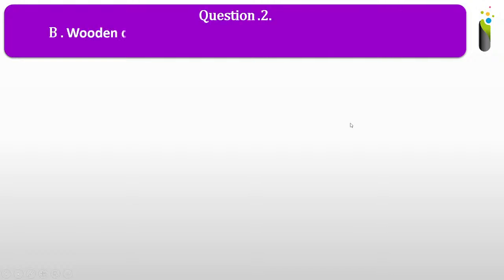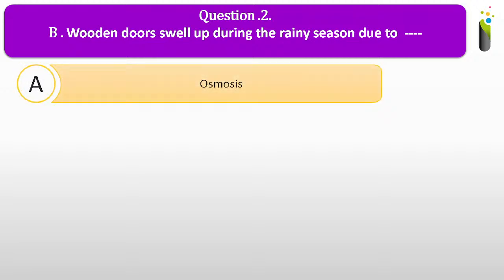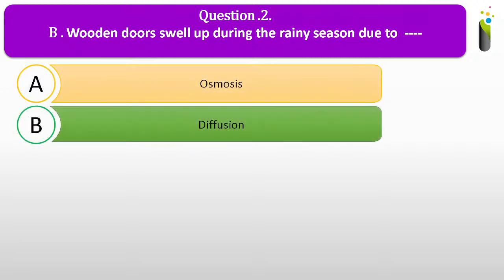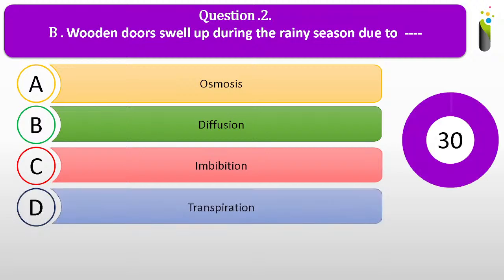Going to the next question, number 2b. Wooden doors swell up during the rainy season due to dash. A. Osmosis. B. Diffusion. C. Imbibition. D. Transpiration.